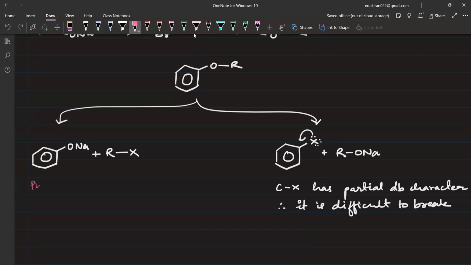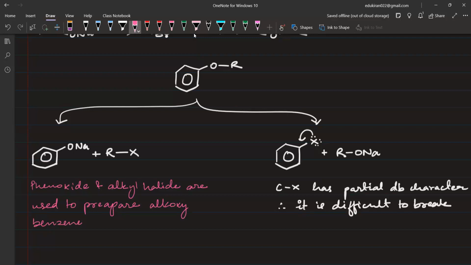So phenoxide and alkyl halide are used to prepare alkoxybenzene. Alkoxybenzene का जो बहुत famous example है, which is generally asked, is anisole। ऑक्सीजन पे CH3 ग्रुप लगा हुआ रहता है, ठीक है?